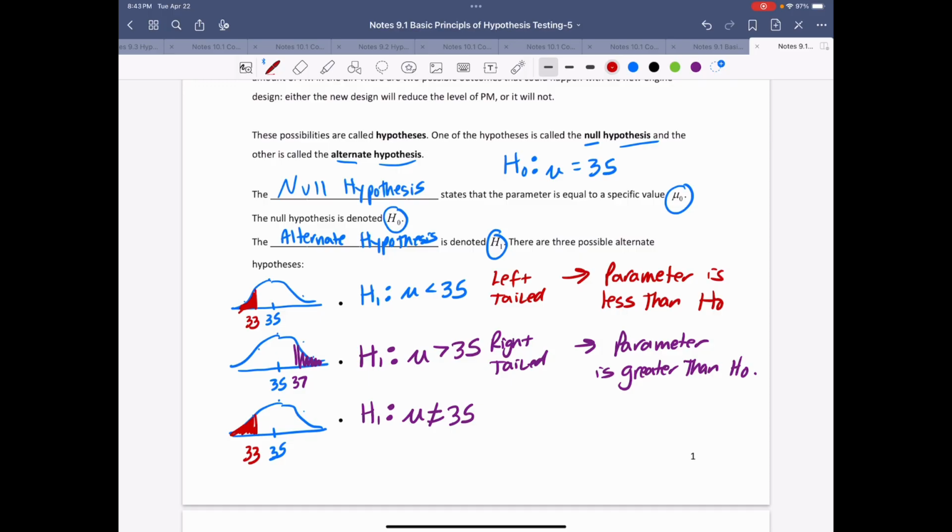It's 2 less than 35. I'm going to go 2 greater than 35 and put a 37, and shade this way. If I had started with the 37, I would have done the same thing. I would have gone backwards to 35 and down to 33. This is called two-tailed. Two-tailed is when the parameter does not equal H0.